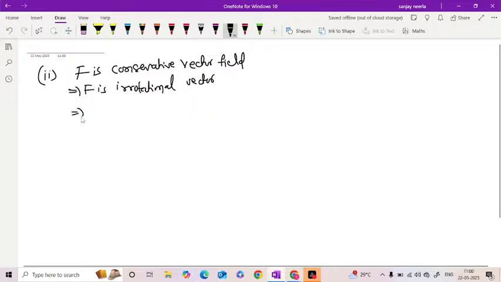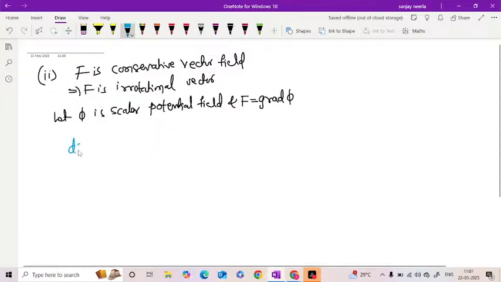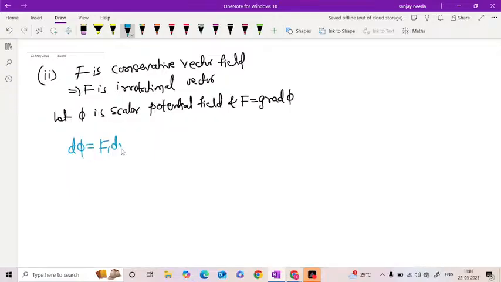According to the statement, definitely there exists a phi such that, let us assume phi is a scalar potential field, and f is equal to gradient of phi. And according to the previous statement, d phi must be equal to f1 dx plus f2 dy plus f3 dz.